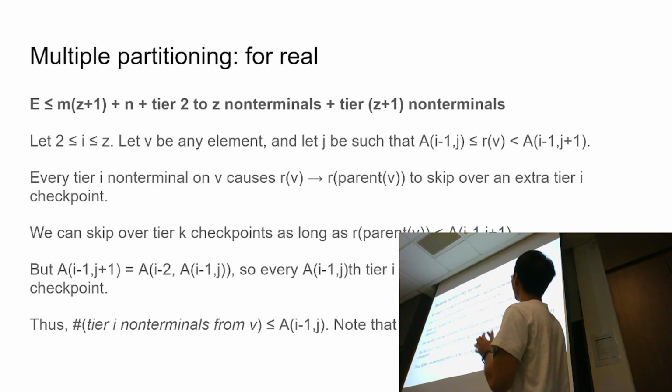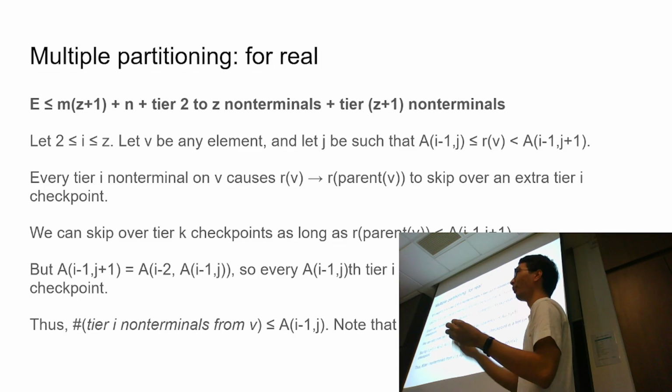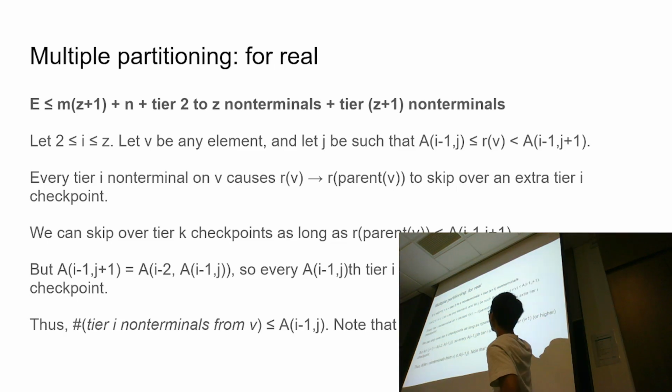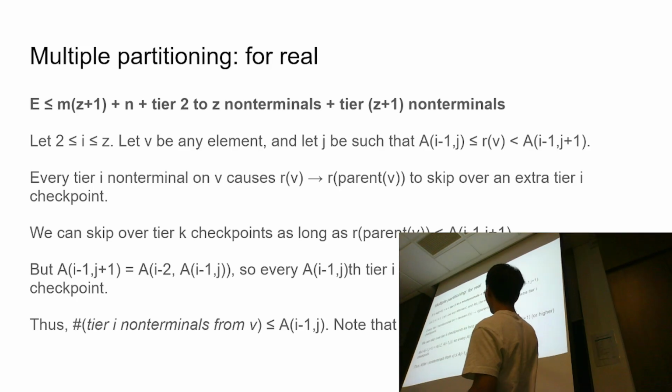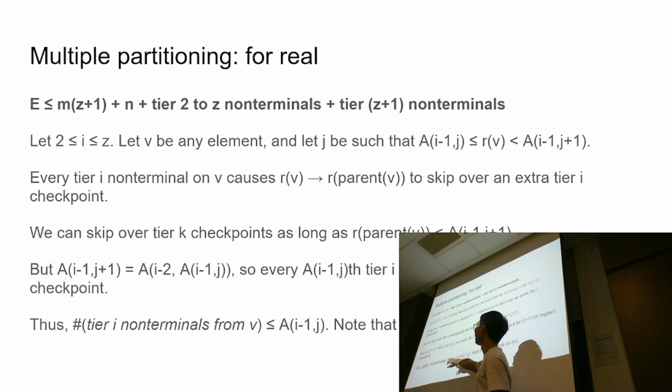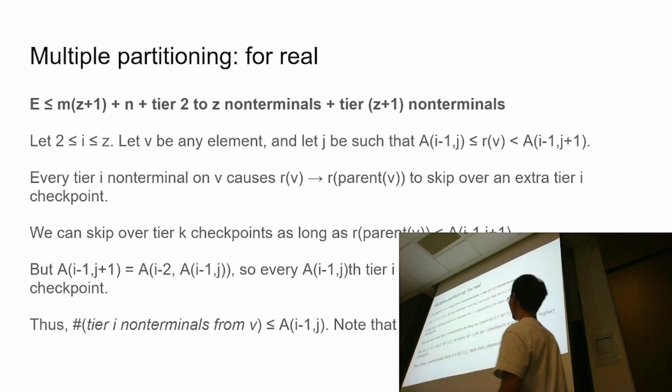We can skip over as many checkpoints as long as this is bounded above. And we use the recurrence of the Ackermann function to write it as this. So basically every a(i minus 1, j) checkpoints is a tier i plus 1 checkpoint. So this will give us our upper bound for the tier i non-terminals from V.